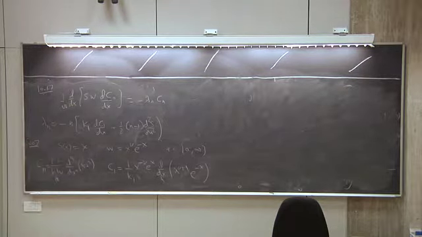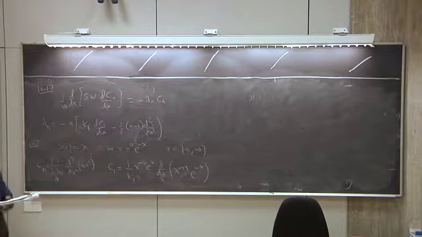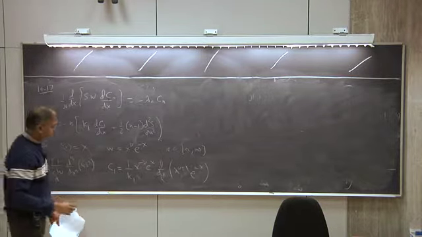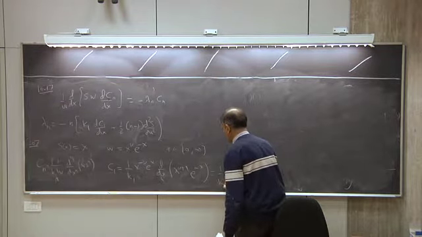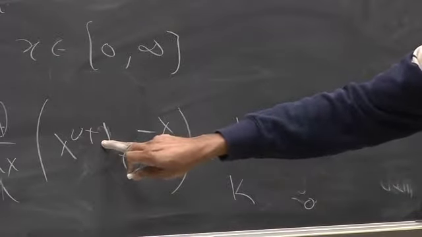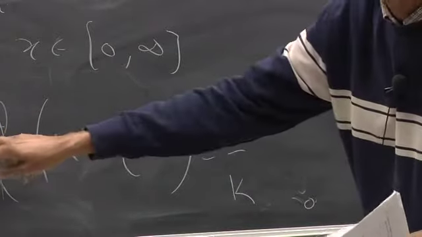X to the power of? Yeah, nu plus n, but I'm looking at C1 now, n equal to 1, because I need C1 here. So this gives you 1 over K1 times two terms. One, the derivative hits x to the nu, which gives nu plus 1 times x to the nu, which will cancel with that, and e to the minus x will cancel too.